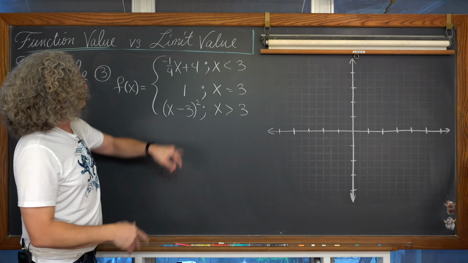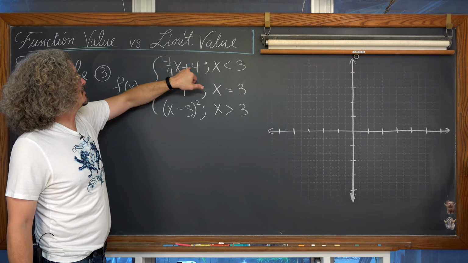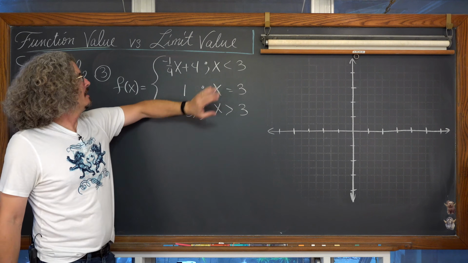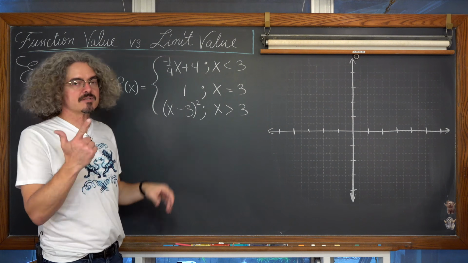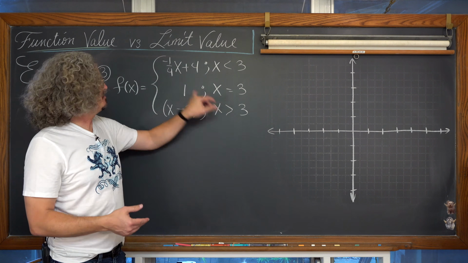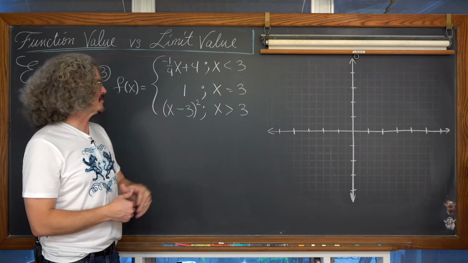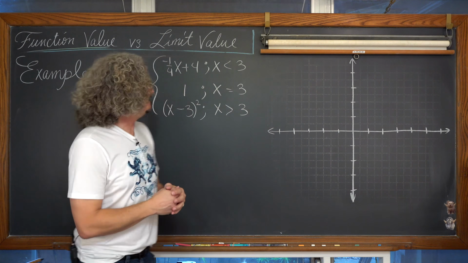So the fact that we have a line, negative 1/4 x plus 4, a linear polynomial, or a polynomial with a degree of 1, that's a line that's continuous everywhere. This is a parabola that's continuous everywhere. So the fact that you see a piecewise function broken at the x value of 3 means that's the opportunity for us to have some discontinuity with this problem.